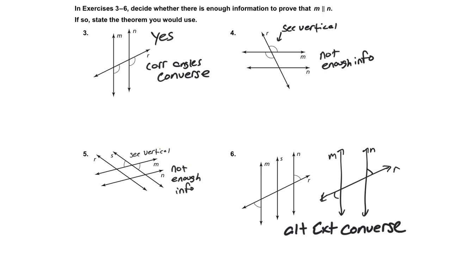Remember, you have to write the word converse because that's the theorem. The theorem says if we see this angle relationship with the congruency or the supplementary relationship going on, then it proves parallel. So there's enough information, but that's going to prove that line M is parallel to N, not S with anything else. So yes, they are parallel.